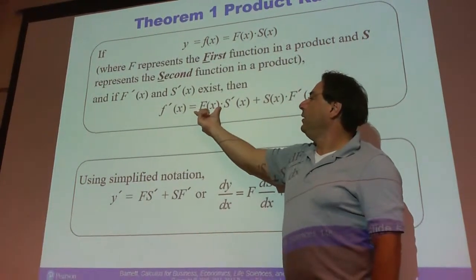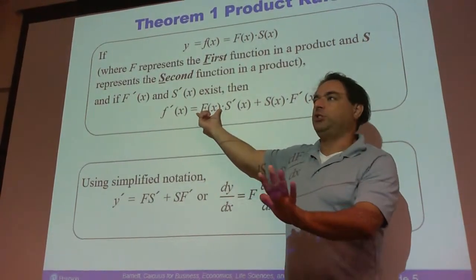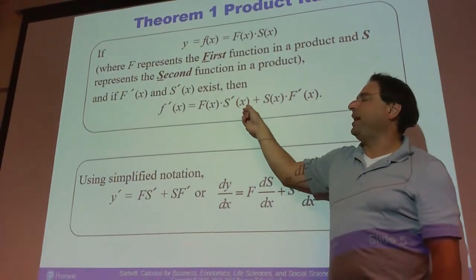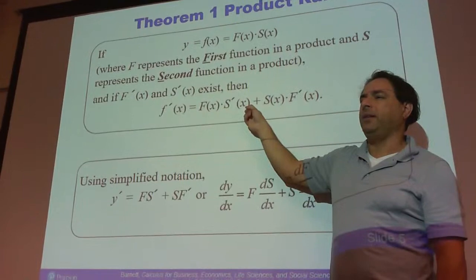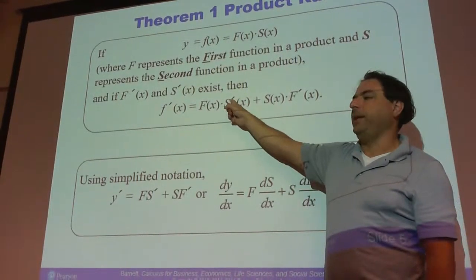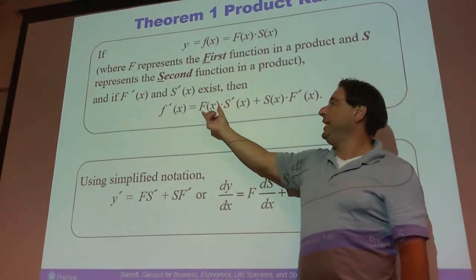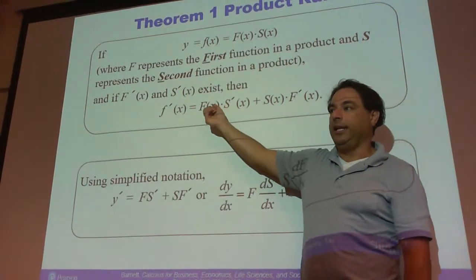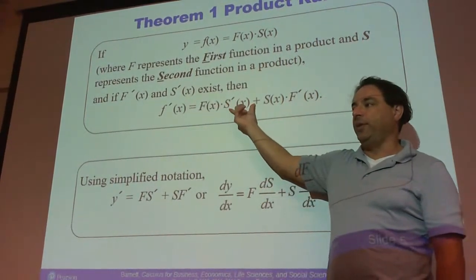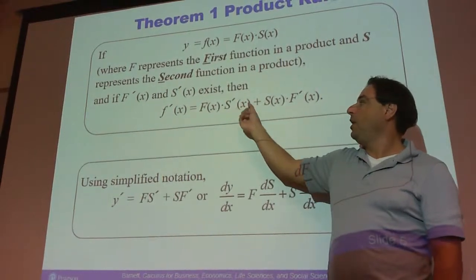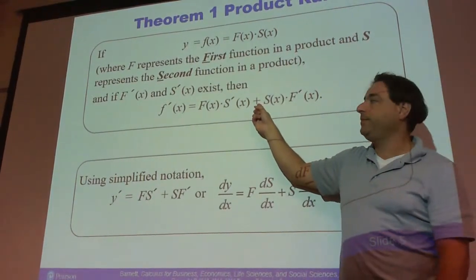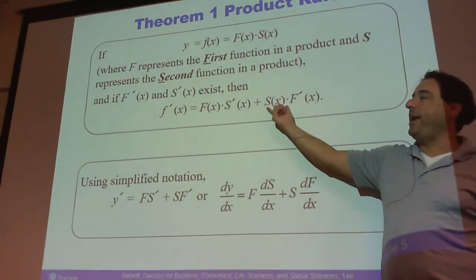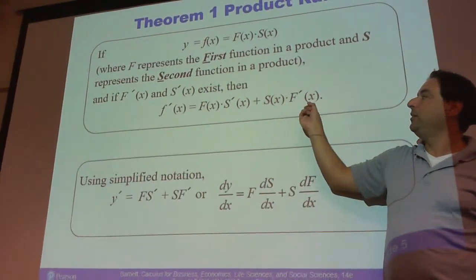How do you do it? Step 1, leave the first one alone. Just rewrite it. What is s prime of x? What does that prime mean? Derivative. So leave the first one alone, take the derivative of the second one. Plus, it's always a plus. Leave the second one alone, just rewrite it, times what?